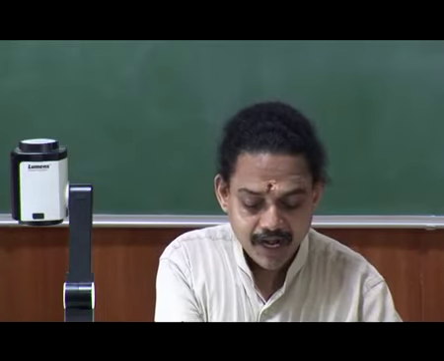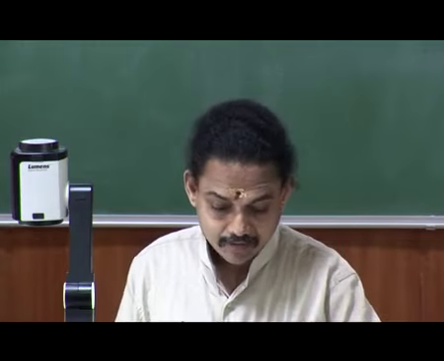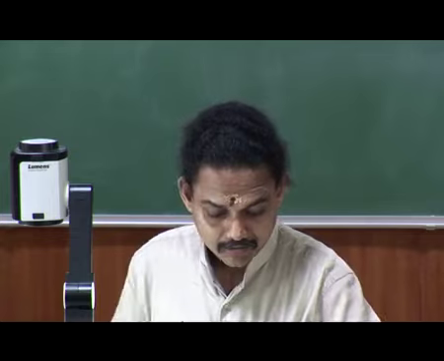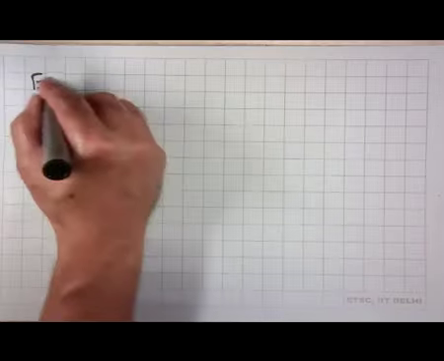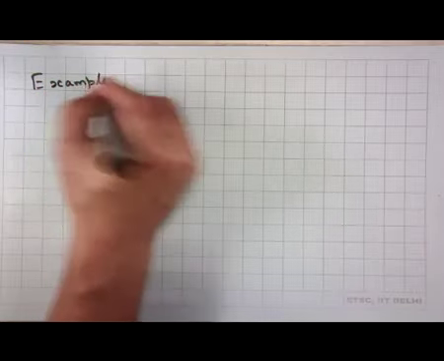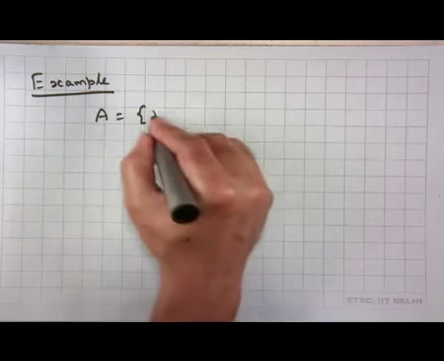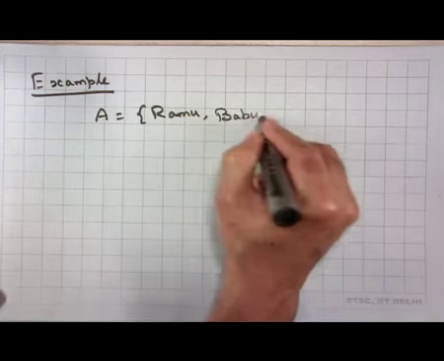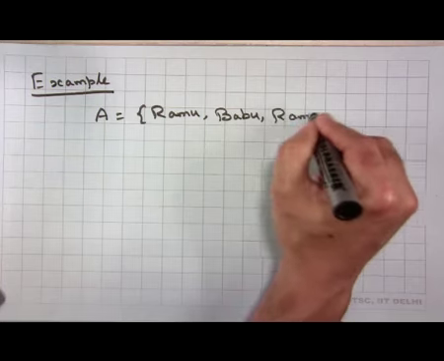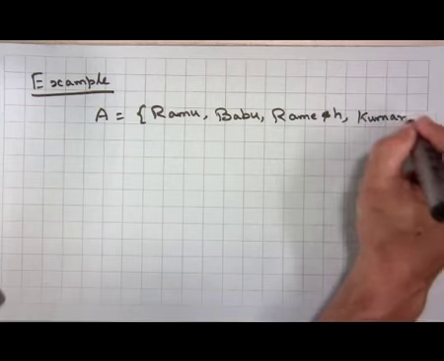Let us go back to the second example that we had in terms of names. Right, let us look at the second example again. We had A as Ramu, Babu, Ramesh, Kumar, and Siva.